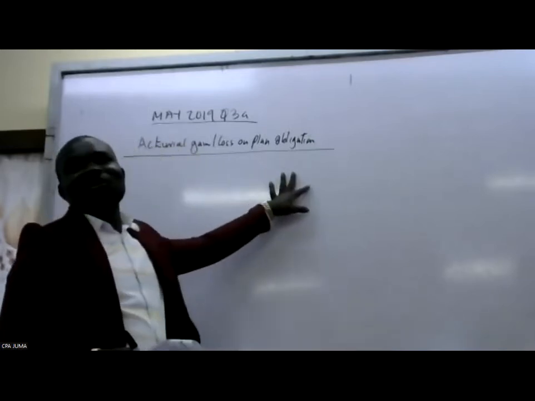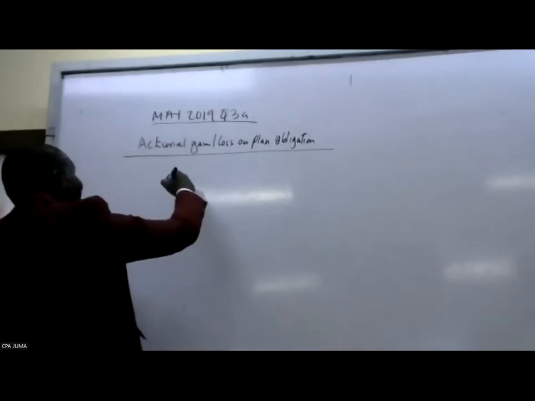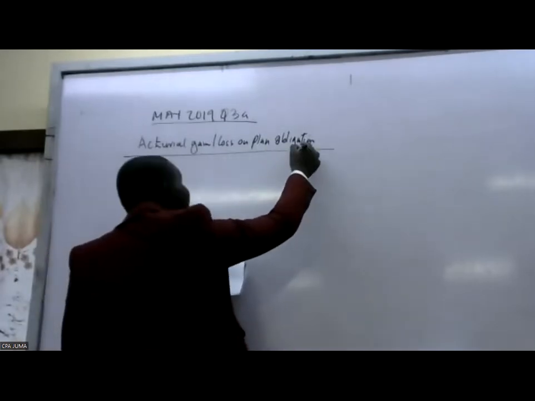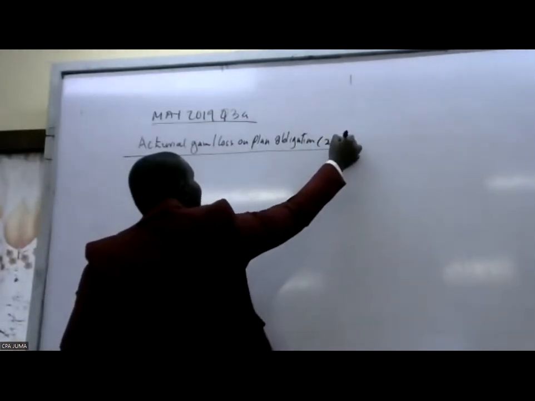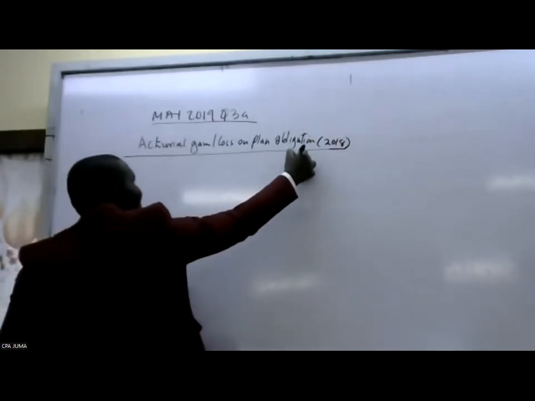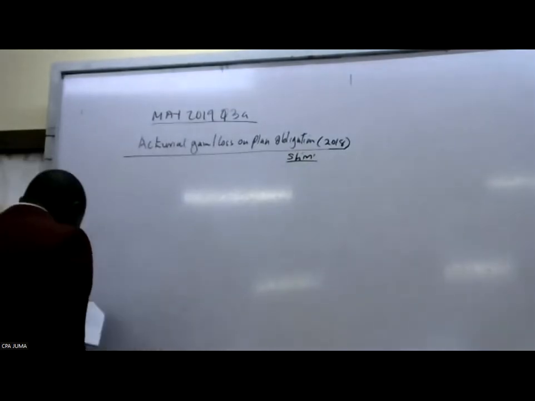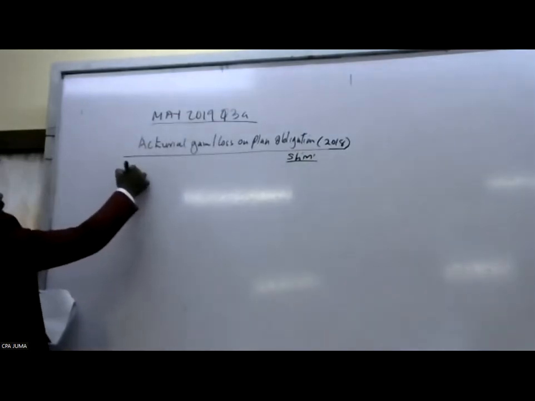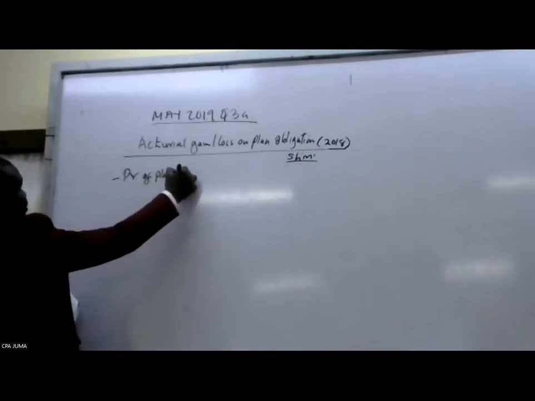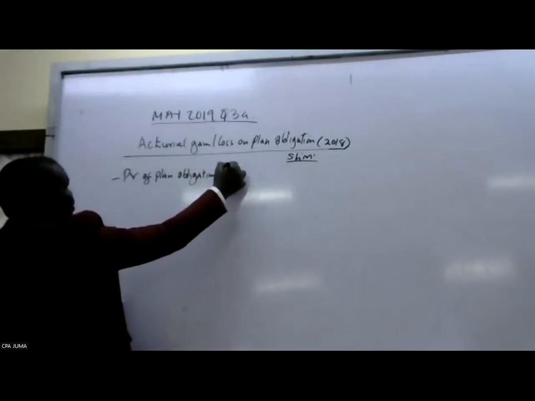So it's good to start with obligation. So we start here. It is 1 year off. This is 2018. So shillings are in millions. So obligations is the present value of plan obligation brought down.